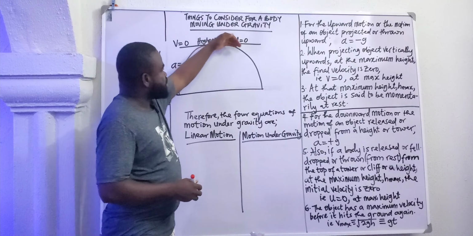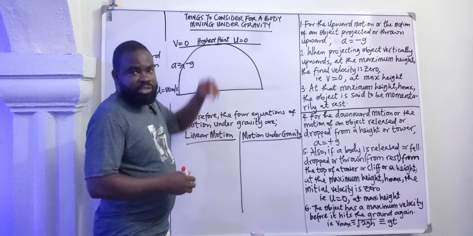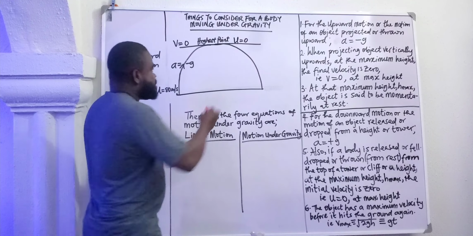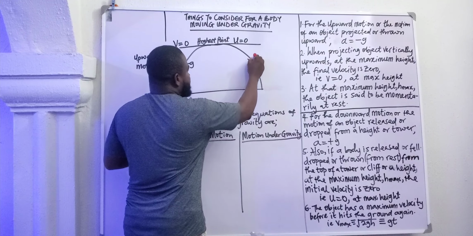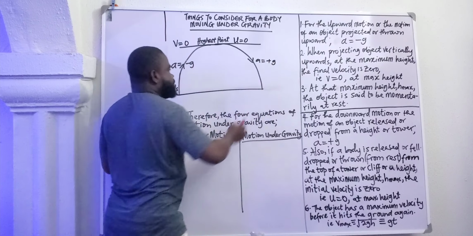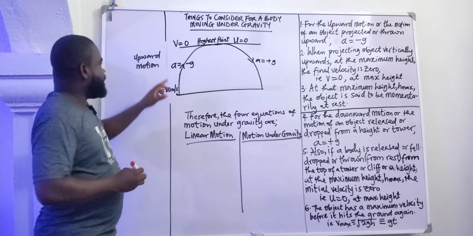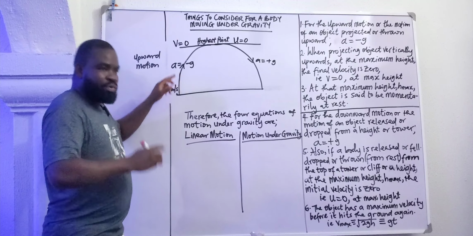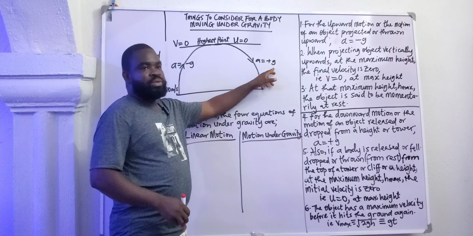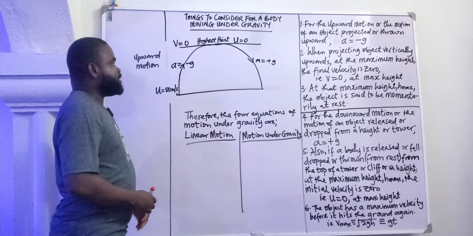Then as the body is coming down, it is moving in line with gravity, which means the acceleration a is equal to plus g. So we use minus g when the body is going up, and we use plus g when the body is falling down.